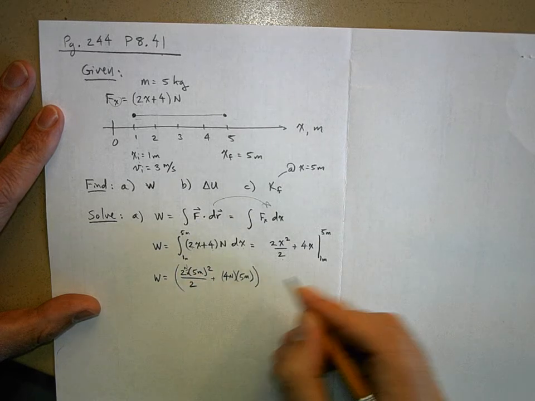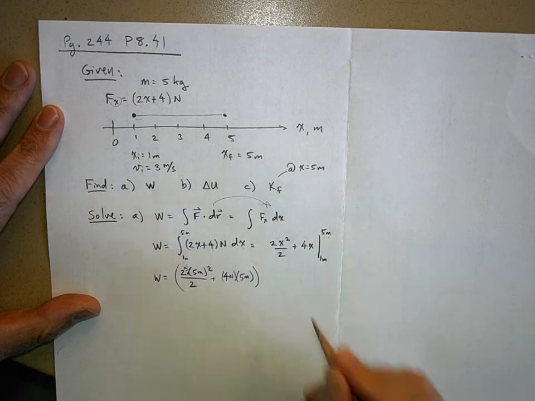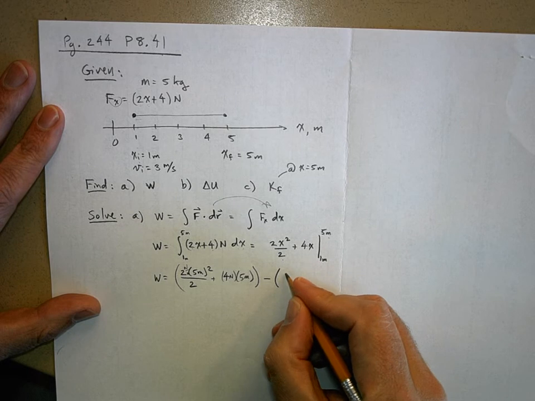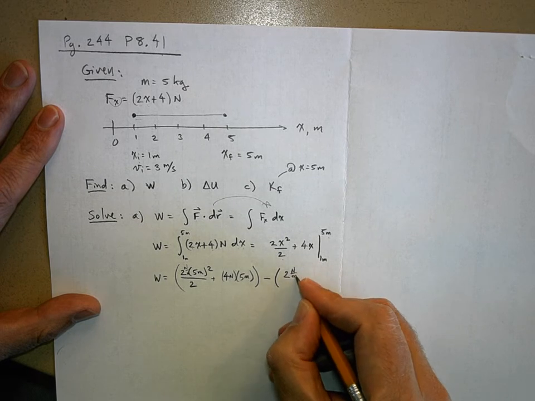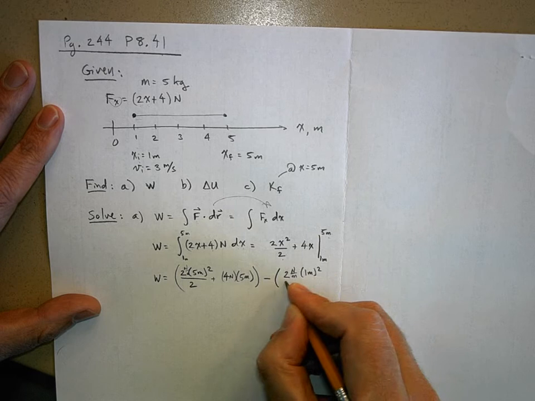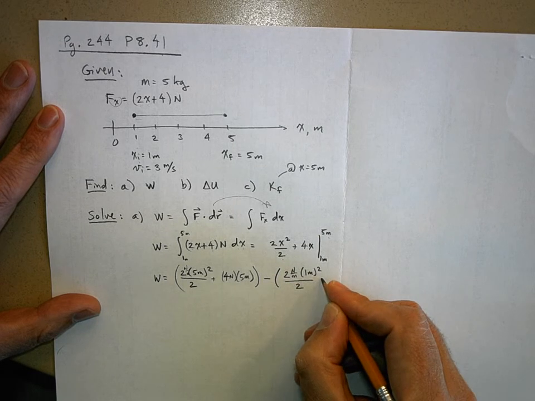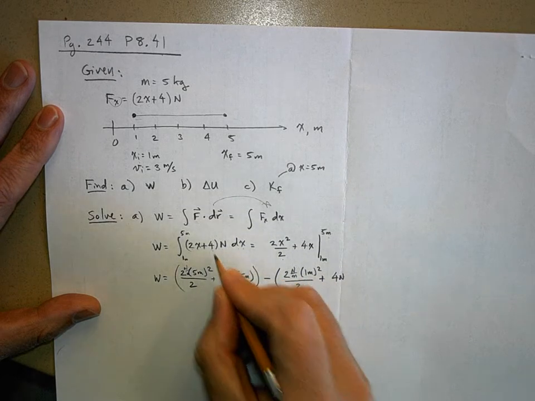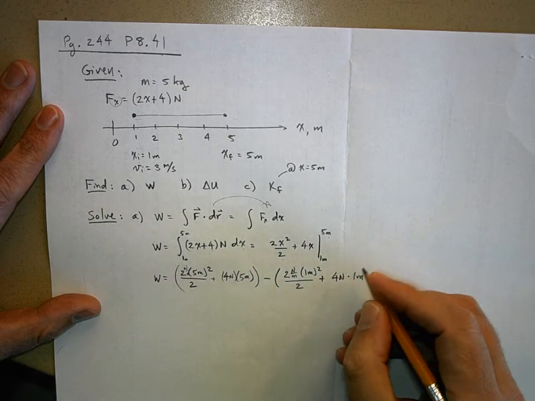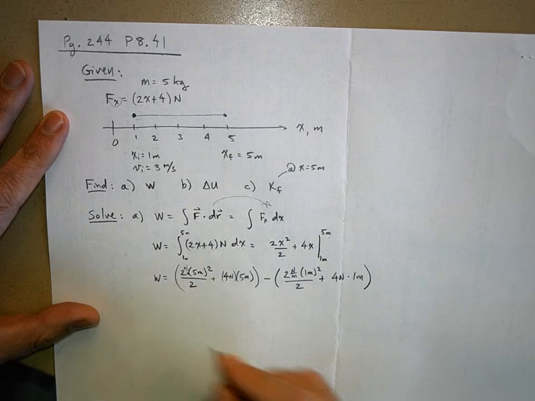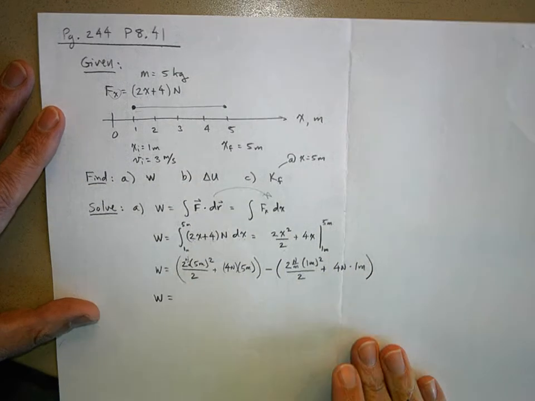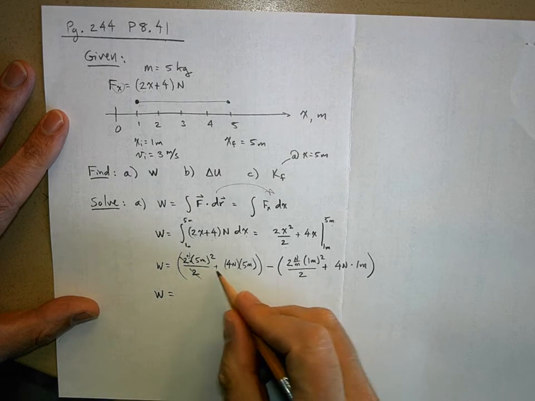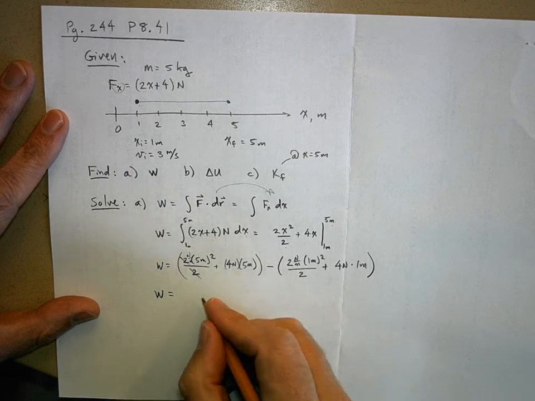Okay, so that's what I get when I plug in my final value of x, minus my initial value of x: 2 newtons per meter times 1 meter squared over 2, plus 4 newtons times 1 meter. So we just have to do the arithmetic now. This 2 cancels. This is 25 plus 20, which is 45 joules.